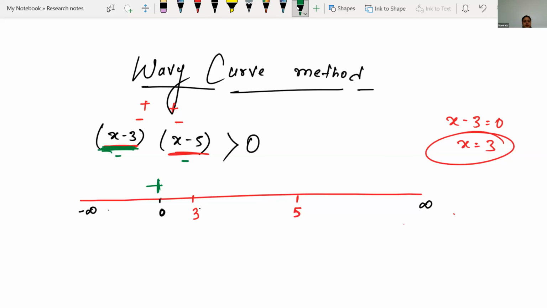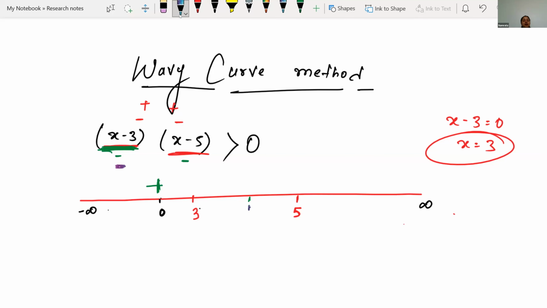Got it? Yes, ma'am. Now in between 3 and 5, if you take any number, let's say you are taking 1, the first bracket will give you negative or positive. Negative. 1 we have taken as a test point, x value as 1.